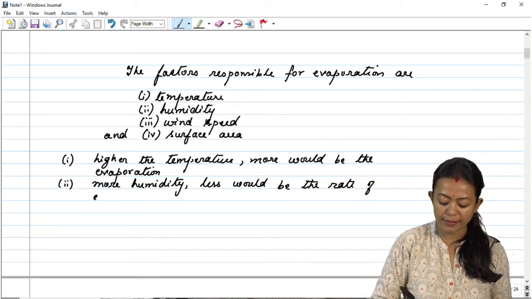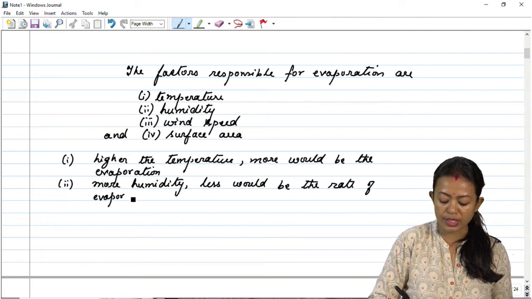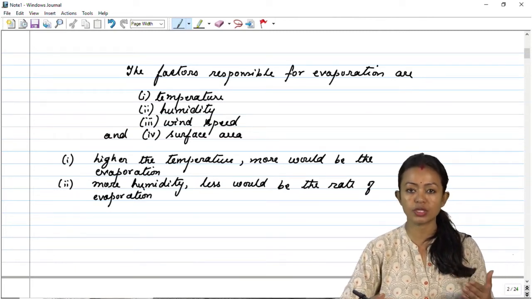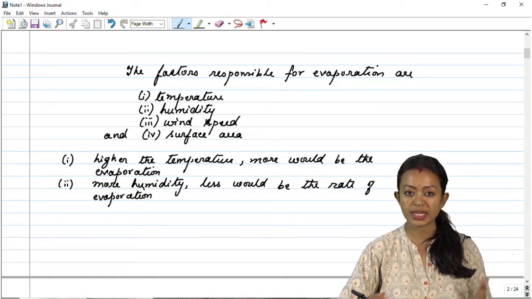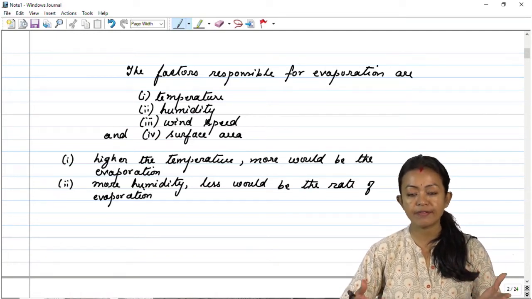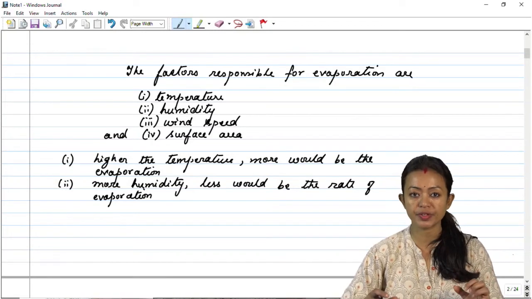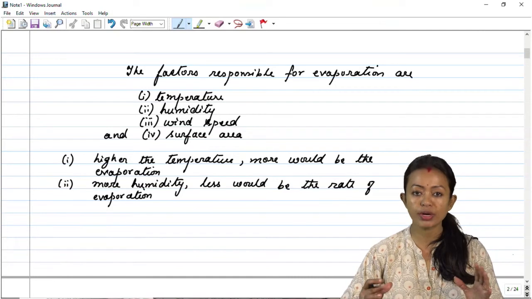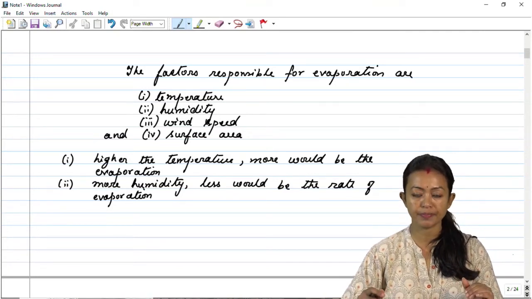Now how is it? Because what is evaporation? Basically the transformation of water from the liquid state to the vapor state. That is, the liquid water gets converted into water vapor. Now humidity means the level of water vapor in the atmosphere is quite high. So more humidity means more amount of water vapor in the atmosphere.